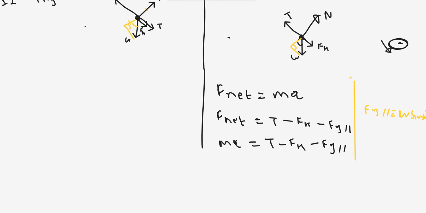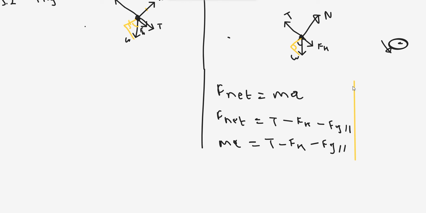And our weight for the 4 kg block is 4 times 9.8 times sine theta. You can either calculate it on your side and then come with the answer here, or you can just write the whole formula here.